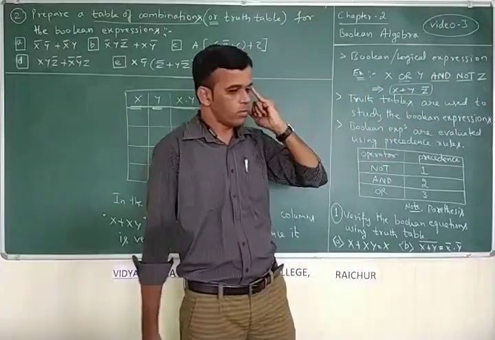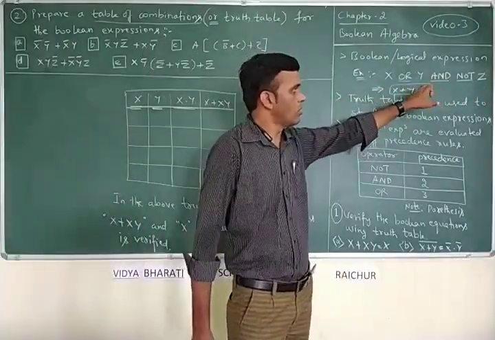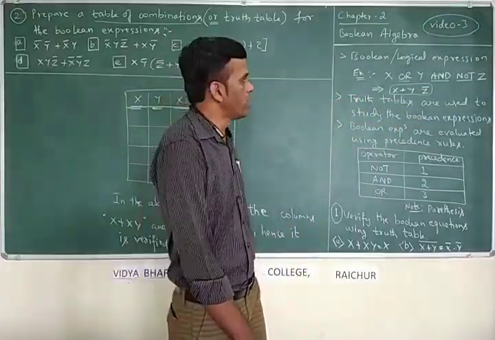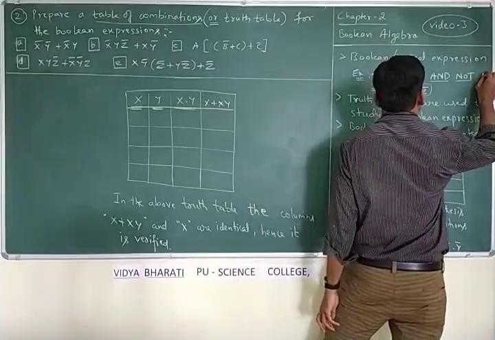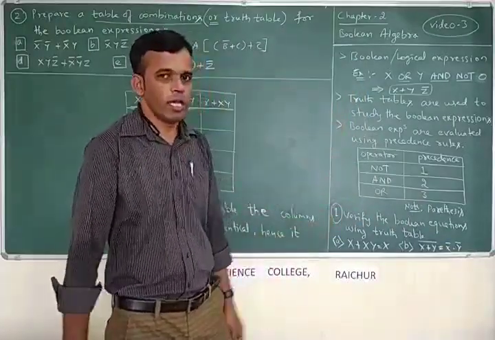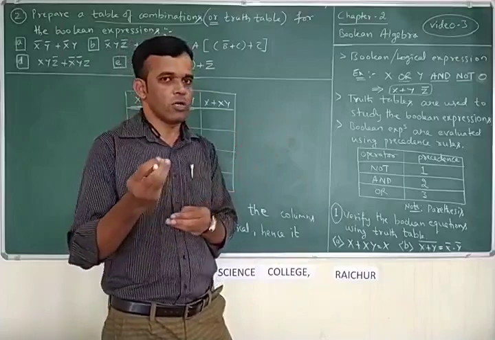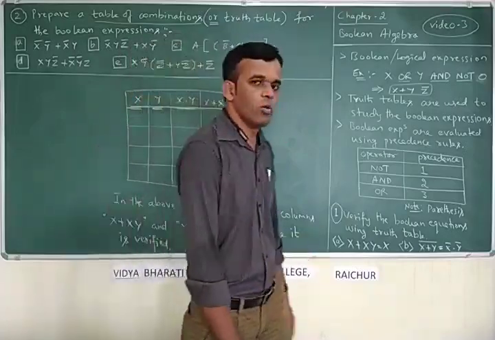It is not about only the variables here. Even you can have values like 0 and 1, the binary values. Say for example, if I write here 0, still it is allowed, still it is a Boolean expression, because we have variables which are 0 or 1, or direct values which are again 0 or 1.